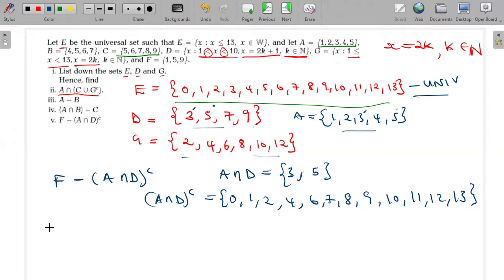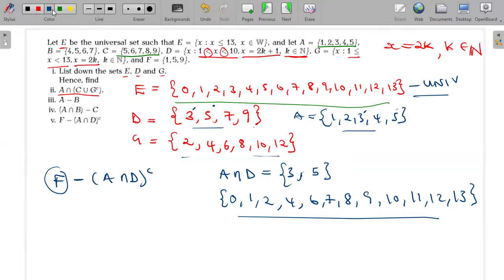The last part here is you're getting the set difference of F and this part here, which we just got. So now, what is my F? My F has been given, that is 1, 5, and 9. Set difference with this whole thing here. So let me write it here since I already know that we're taking set difference.